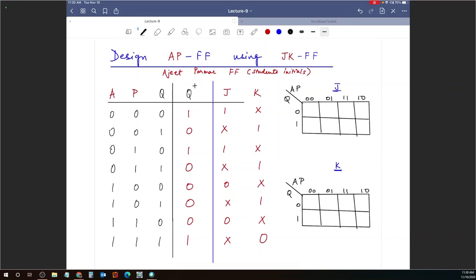All right. For J, it is 1x, 1x, 0x, 0x. What is the simplest equation for J, you guys? A complement, right.